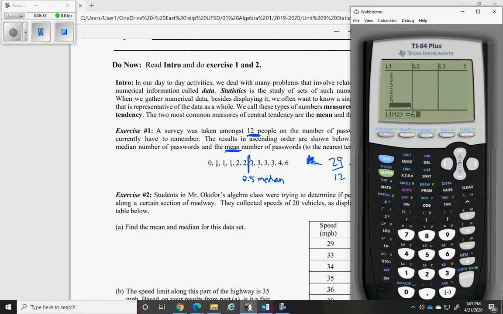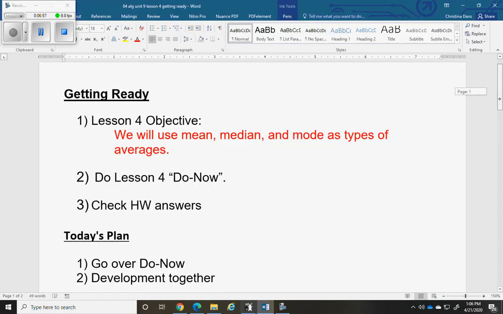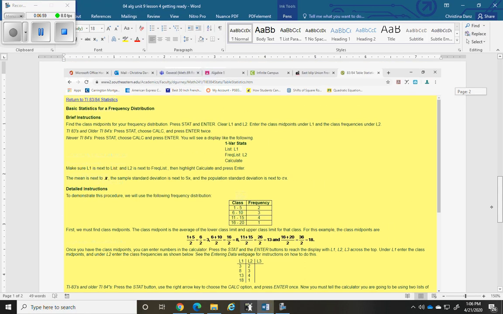After you enter the information, if you go to stat over to calc, 1var stat, your calculator, mine remember isn't as updated as yours, so your calculator I think has a few other things here. Your calculator will have stuff like this.